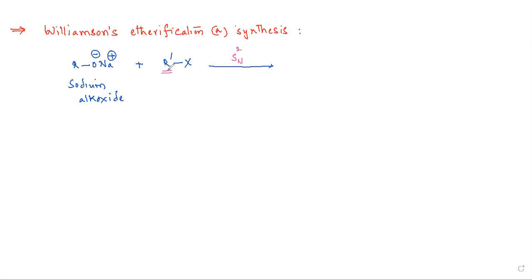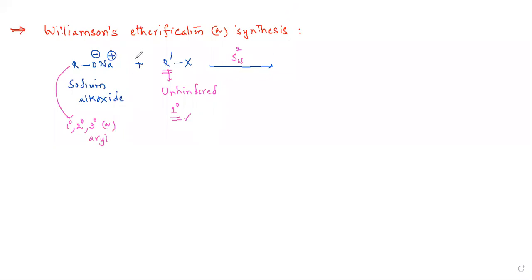So this alkyl group has to be something which is unhindered. We can take a primary one. This alkyl group can be anything. It can be 1 degree, 2 degree, 3 degree, or even aryl also.